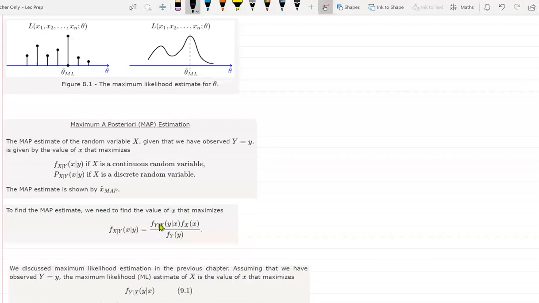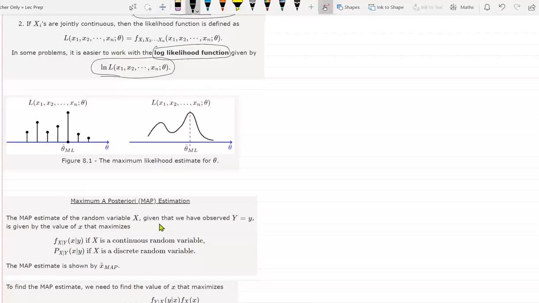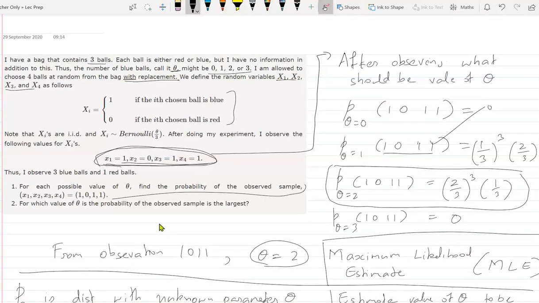In this kind of situation, when we did maximum likelihood estimation, we assumed that we didn't know anything about theta. Theta could have been anything, and we just enumerated the values of theta and their probabilities to find the most likely theta.